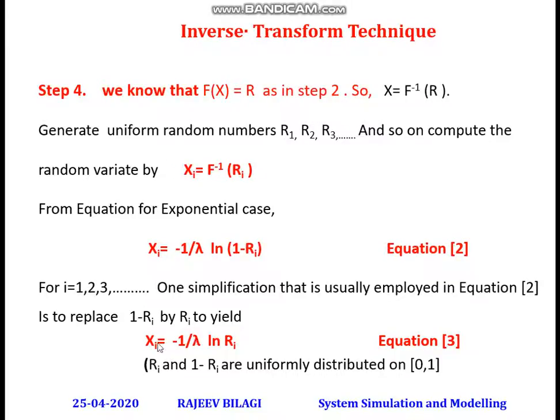Now xi equal to minus 1 by lambda ln of Ri. I can write 1 minus Ri is replaced by Ri, since Ri and 1 minus Ri are uniformly distributed between 0 and 1. So I can replace 1 minus Ri by Ri, which gives the justification. Now equation number 2 is a very important point here. So these are all the different steps in order to find the random variate generator.